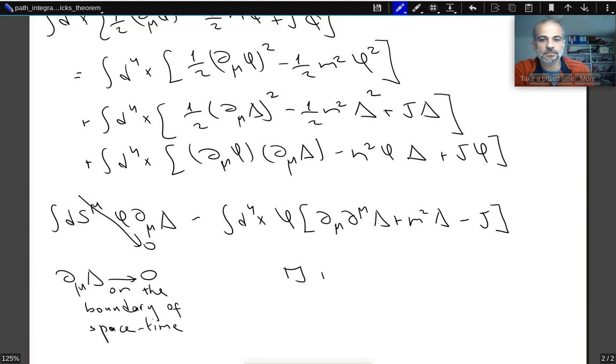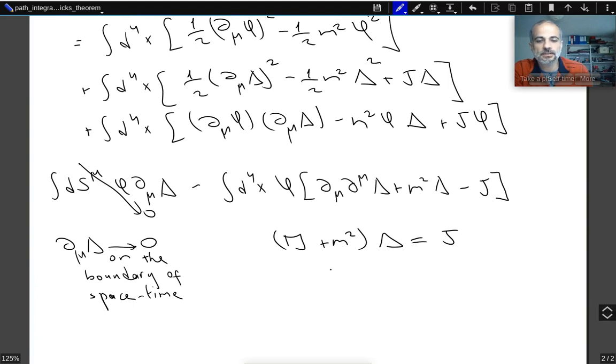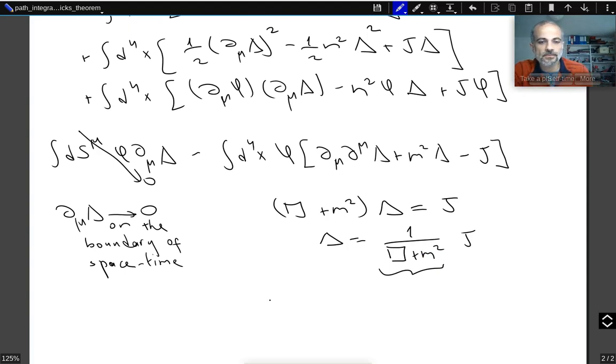So the d'Alembertian plus m squared acting on delta should give me j. Now there are a couple of ways to write the solution over here. I can just say that delta is equal to the inverse of this one. Keep in mind that this inverse over here is not the arithmetic inverse, but it's in the operator sense. Or I can define g of x, y, such that the d'Alembertian in x acting on g of x, y should be equal to the four-dimensional Dirac delta of x minus y.